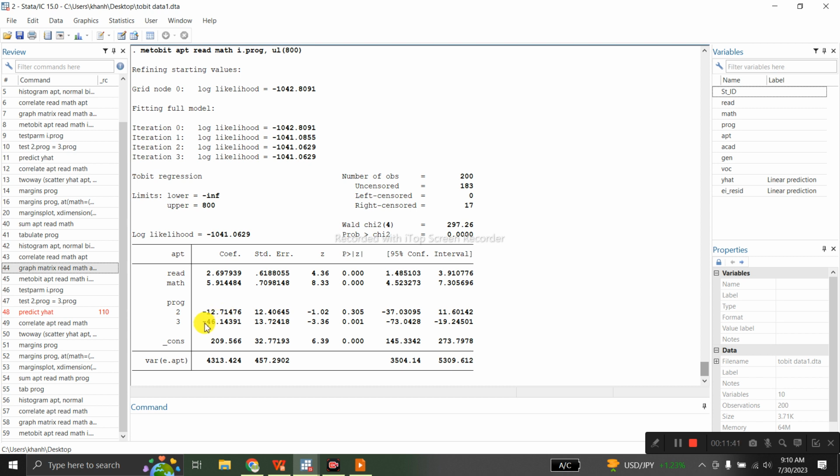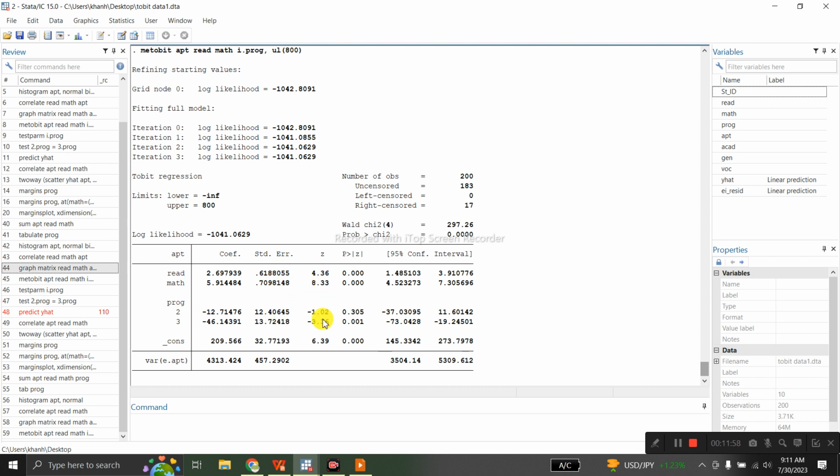Similarly, students in the vocational program have 46.14 point less score than those students who are in the academic program, and these are their standard errors.